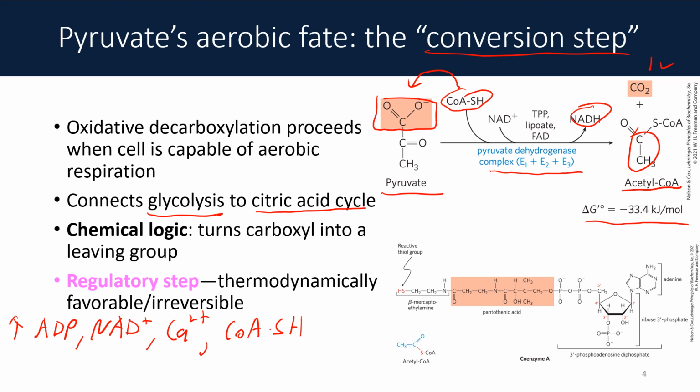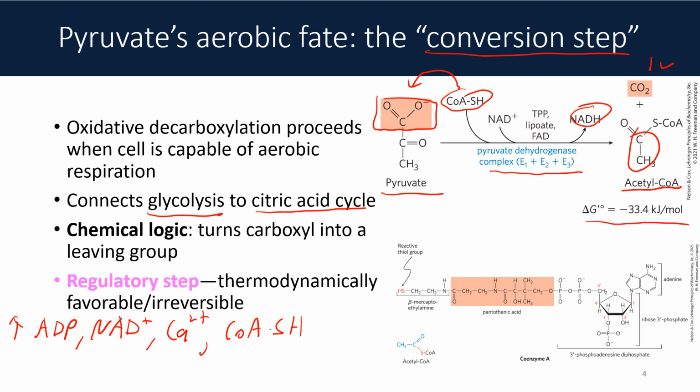ADP, NAD+, coenzyme A all mean we need more energy. So that stands to reason. Calcium gets released during active muscle contractions, which is also a sign that we have a high energy bill we need to pay.